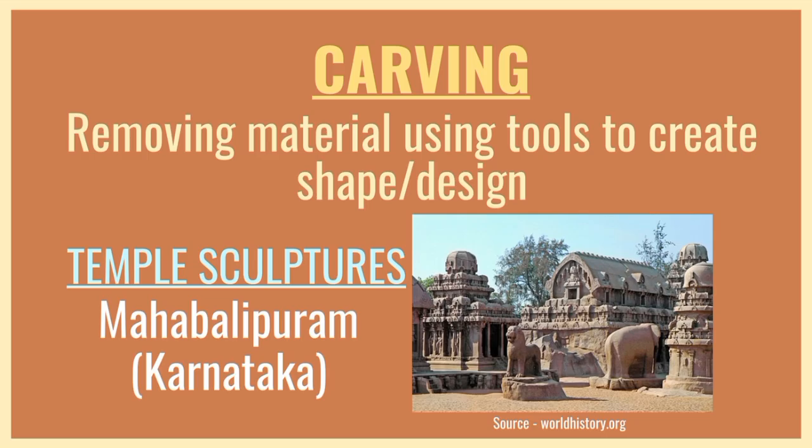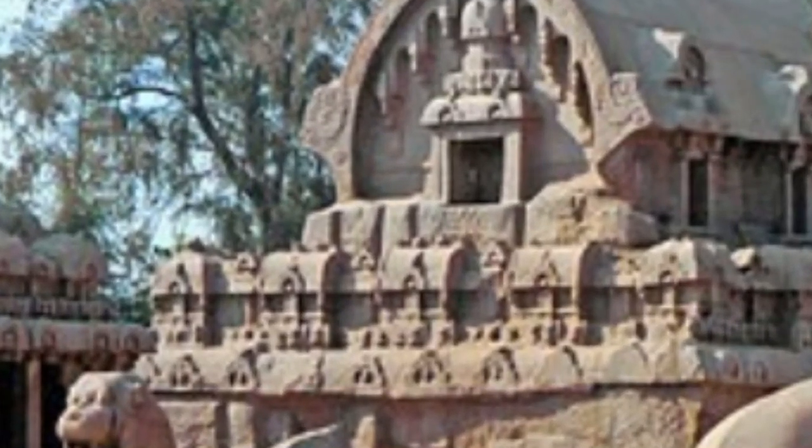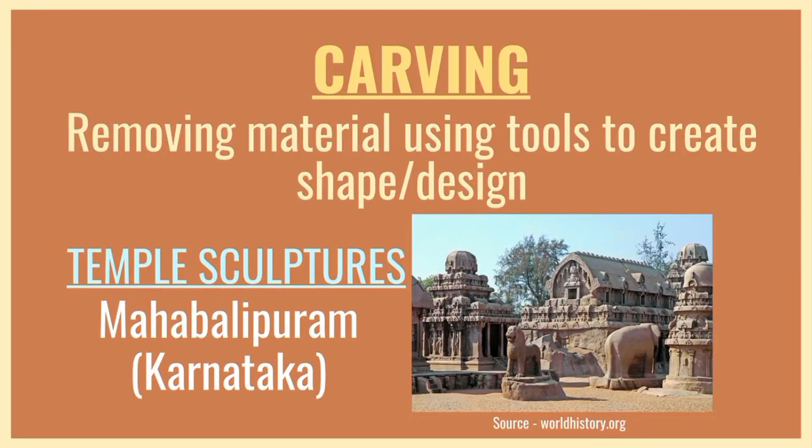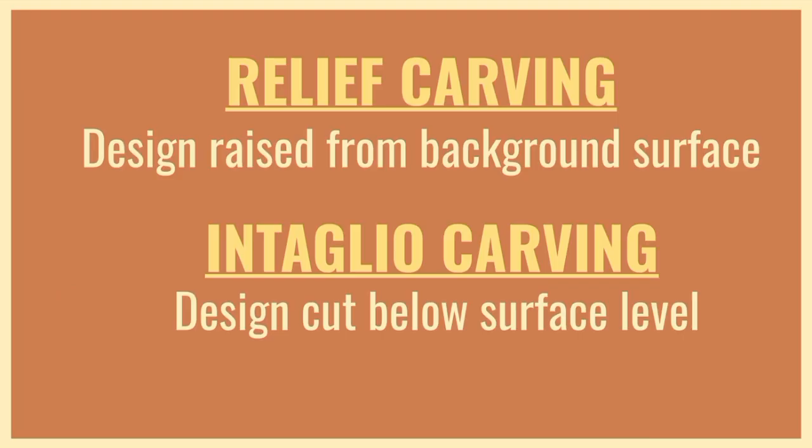For example, over here we can see that the design is popping out, right? So that is called relief carving. You can search more examples on the net. Intaglio carving is when the design is cut below the surface level, so behind. You can see some examples on the net.